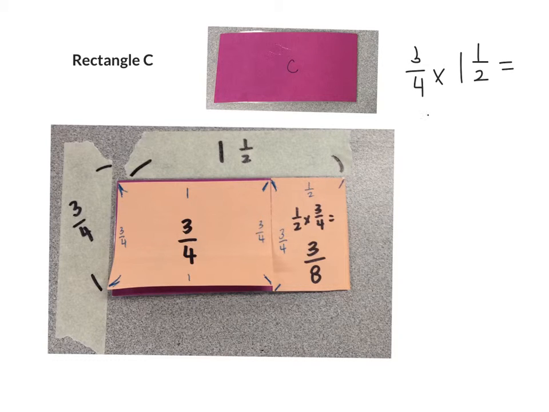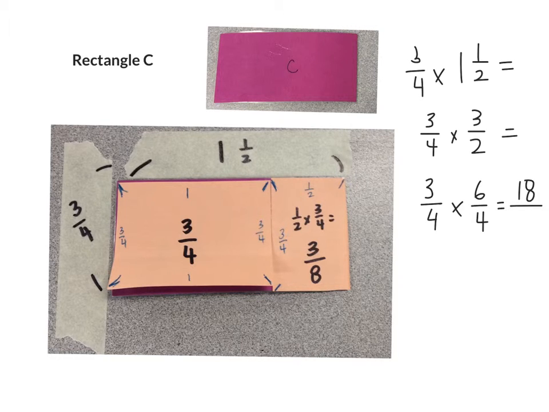Which is the same as 3/4 times 3/2, which then Sawyer skipped a lot of steps. He said 3/4 times 6/4. Can you guys see how he got there? Yeah. So what's in the numerator? 3 times 6, which is 18. 4 times 4? So 18/16. Is that an improper fraction? It's 1 and 2/16, or square units.